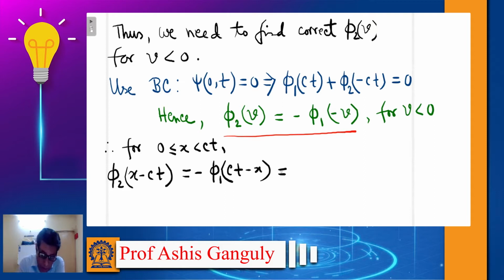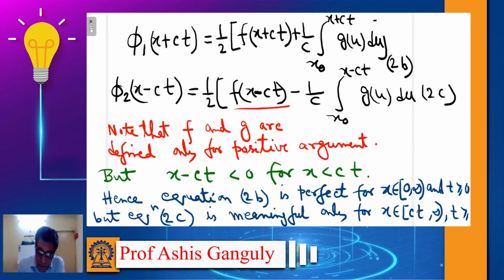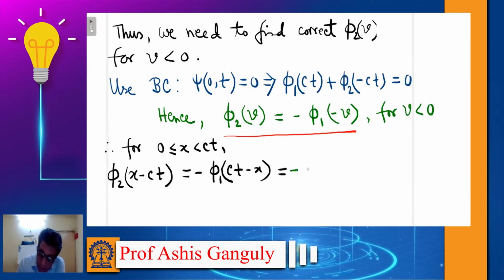And then let's go back to see what phi 1 is. We replace the argument x plus ct by ct minus x. So it should be minus half f of ct minus x.